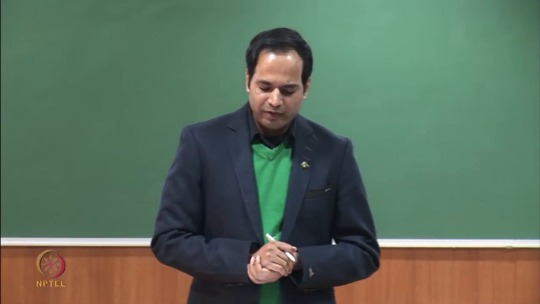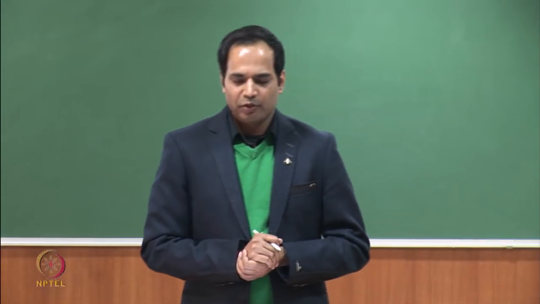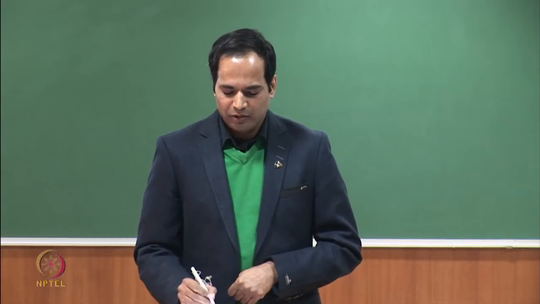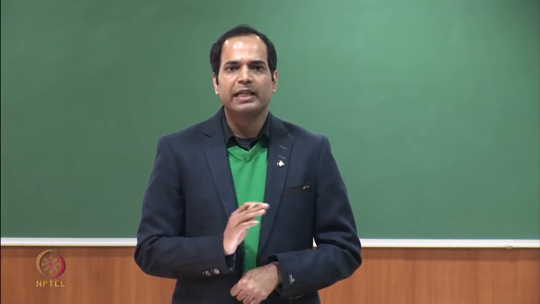Let us get started with a very simple thing, the one thing that you must have seen before. When you are talking about vectors, for example, a 2D, 2-dimensional vector, it can be understood as a vector which has two real numbers. So, in this case you have two real numbers x and y.